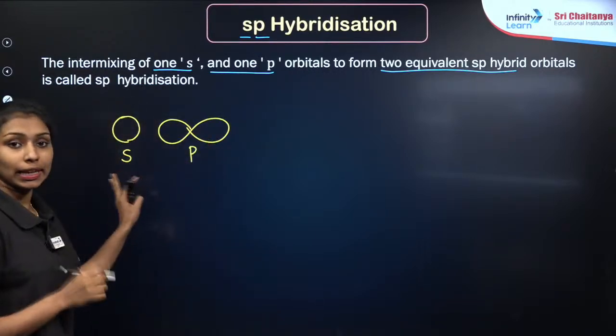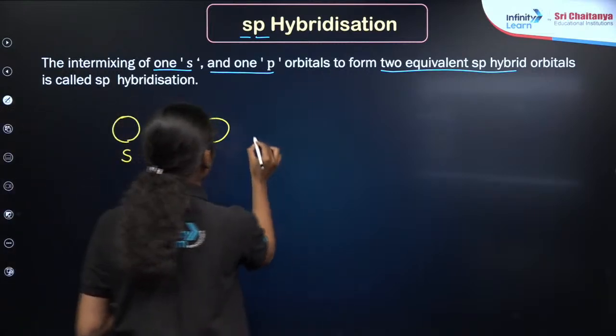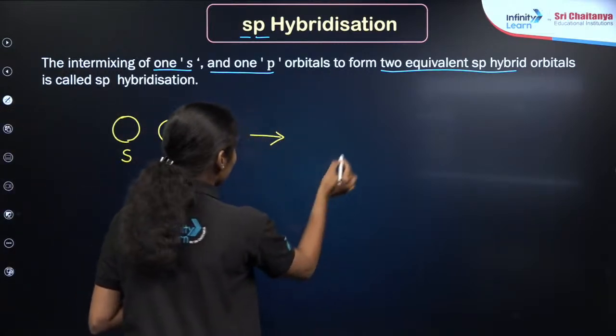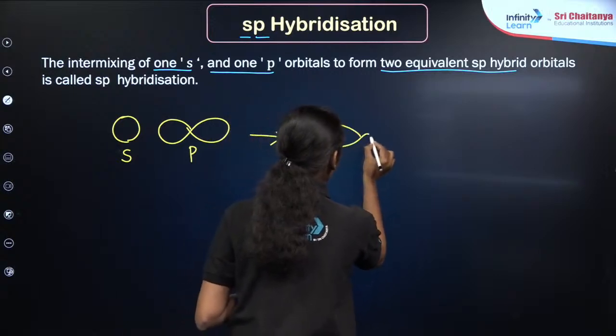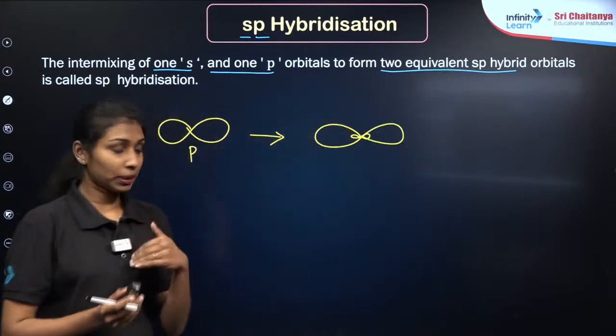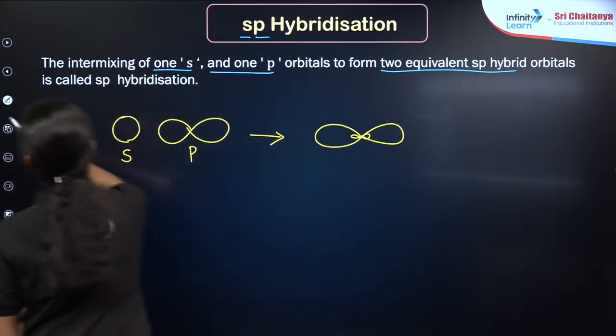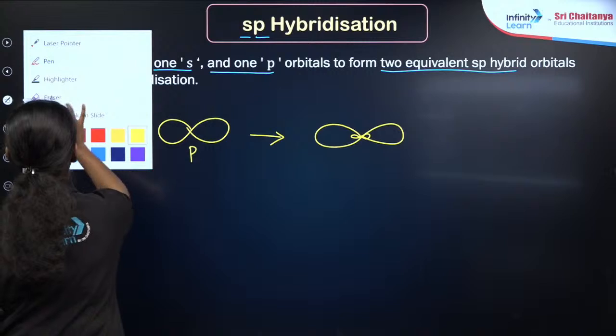This is one s orbital and any of the p orbitals you can take. So it will undergo the hybridization to form this type of structure in which two sp orbitals are formed, right? So two sp orbitals should be of equal shape as well as equivalent energy.